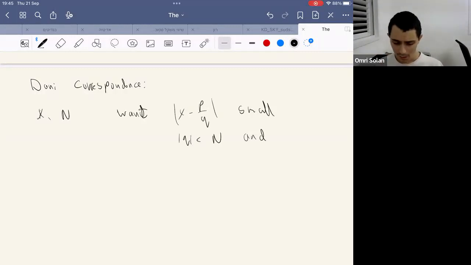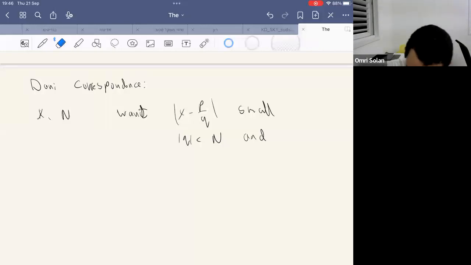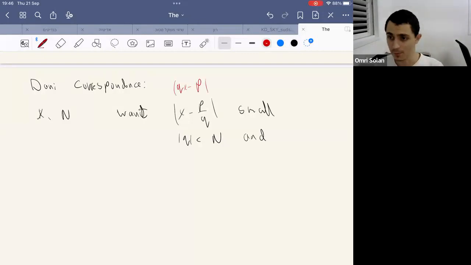Okay, so this is not very different than asking for qx minus p to be as small as possible. It is different. I multiply by q, which may change, and so it's not exactly the same minimization problem, but it's sufficiently similar for this discussion.